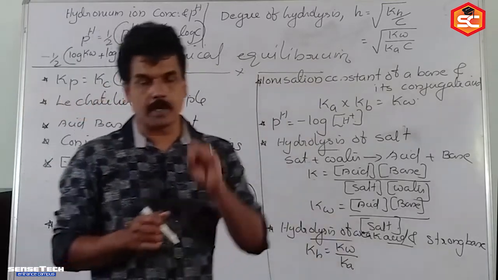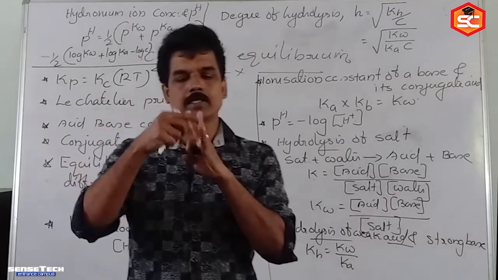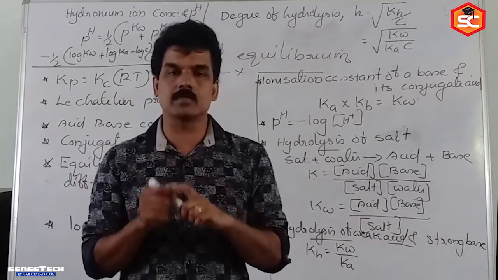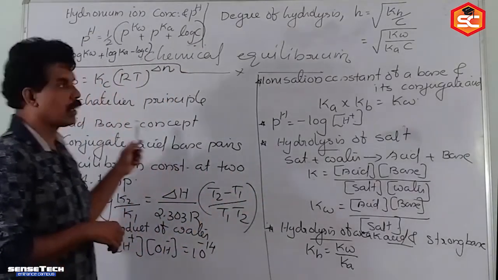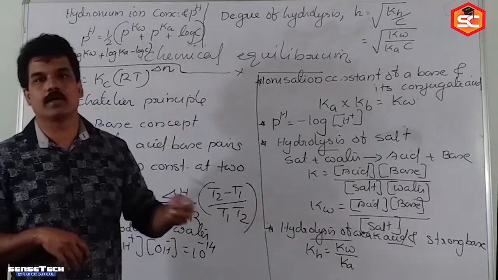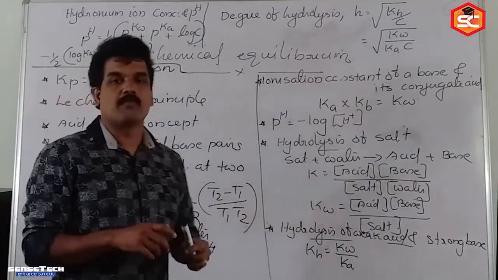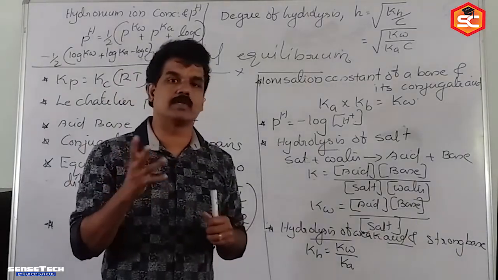And then factors affecting equilibrium: temperature, pressure and concentration. If we change the temperature, pressure or concentration of a system at equilibrium, the system will readjust to nullify the effect. That principle is known as Le Chatelier's principle. When we increase the pressure, the reaction will favor decrease in volume.